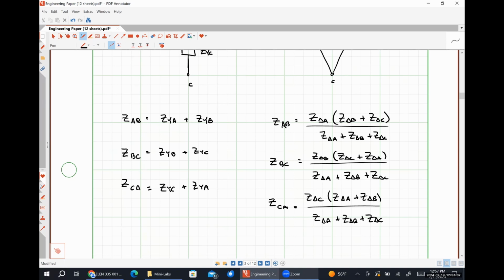If we know what our Y connected impedances are, so that ZYA, ZYB, and ZYC are known, we can set the impedance seen between terminals A and B of both networks to be equal and solve for the delta connected impedances. Or if we know what our delta connected impedances are, we can set the impedances seen between each set of terminals equal to each other and solve for the unknown quantities, which would be the Y connected impedance.